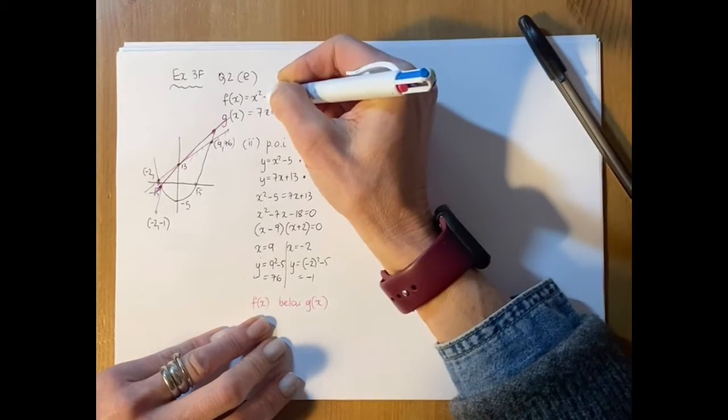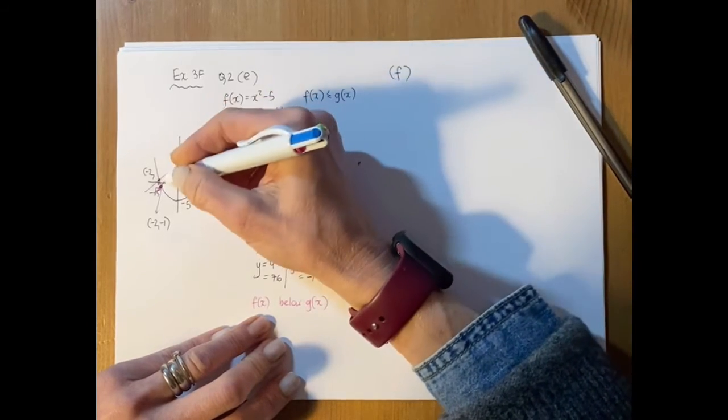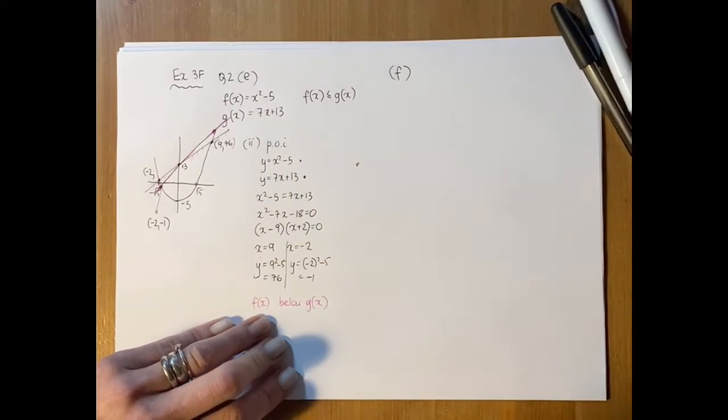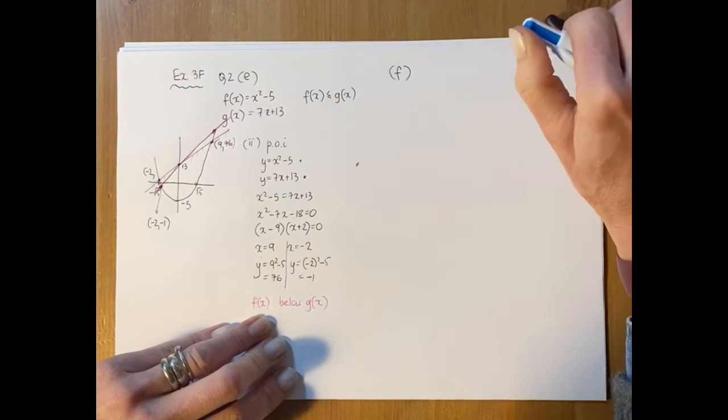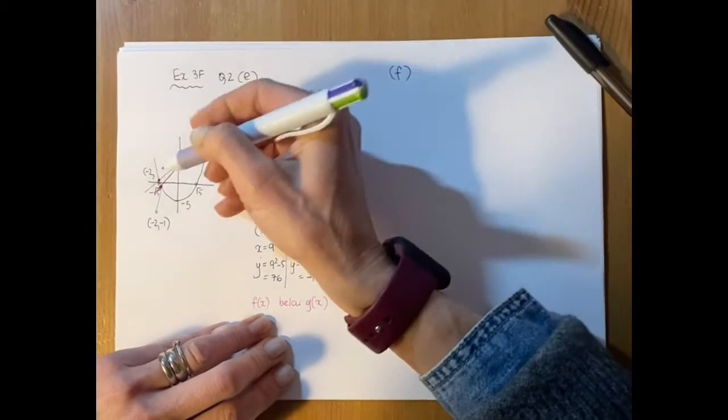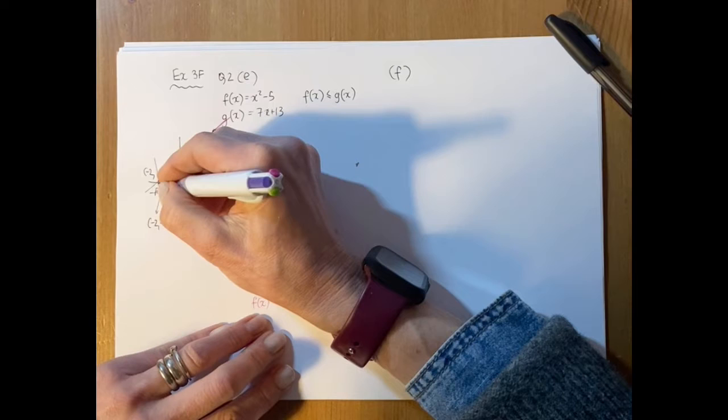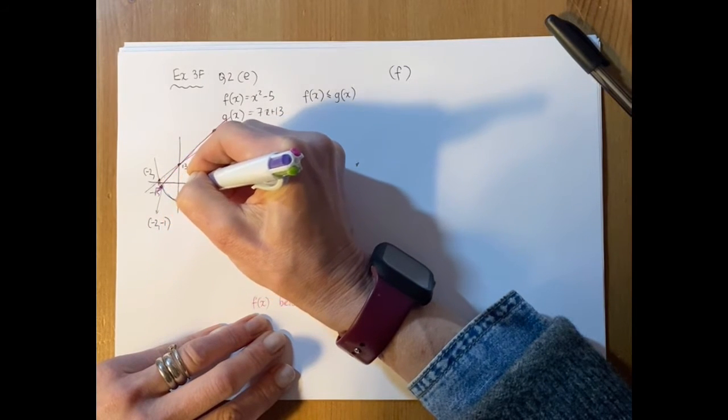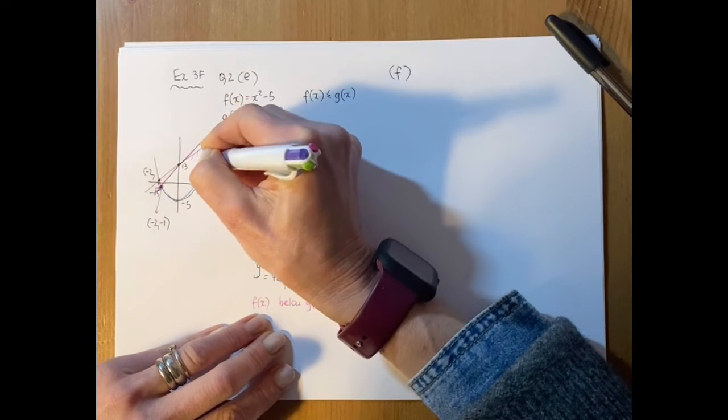Okay, so now we've got to find when f of x is below g of x. So f of x is the quadratic. So when is the quadratic below the straight line? The quadratic is the curved bit, so this part is below the straight line.